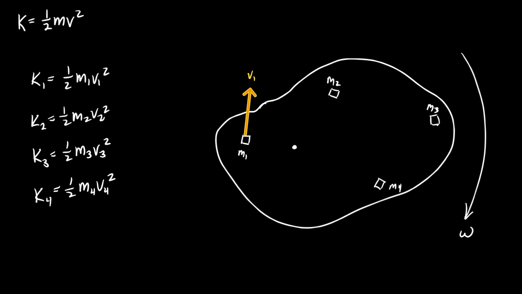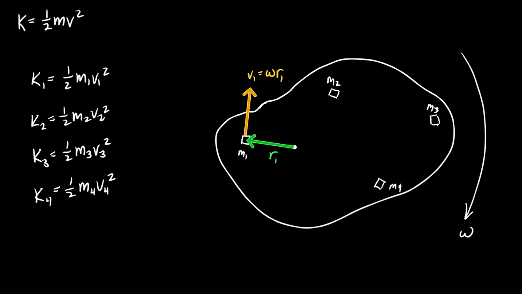So I know from what we studied already that there is a way to deal with the distance from the axis of rotation to where that piece is, and that my velocity would be tangent to that circle. In fact, I know more than that. I know that v1 would be equal to omega times r1. Right? That's what we've learned so far for rotational kinematics.